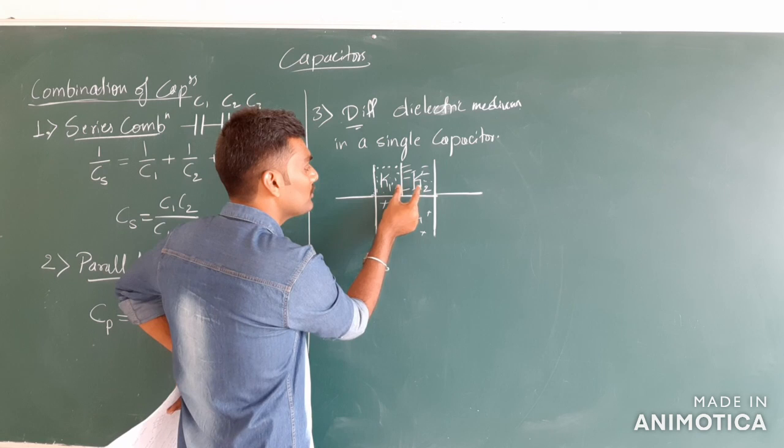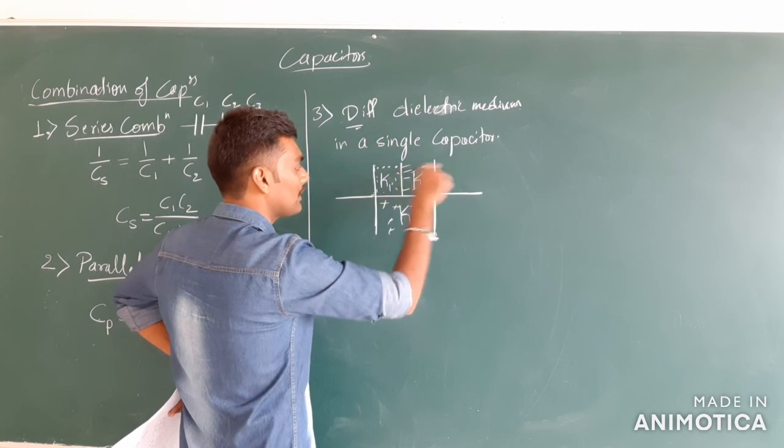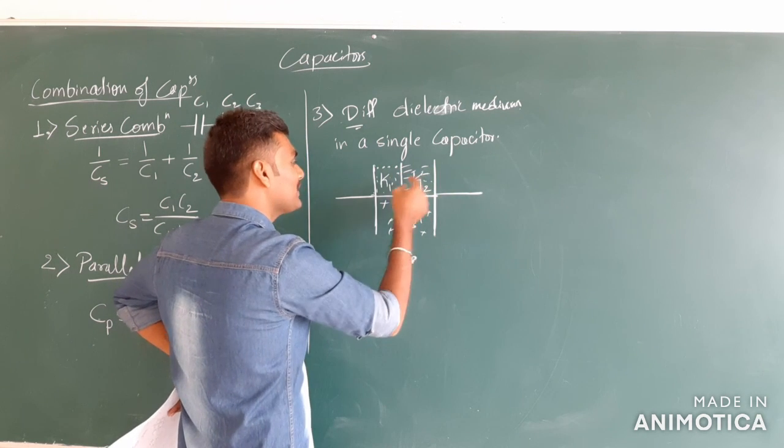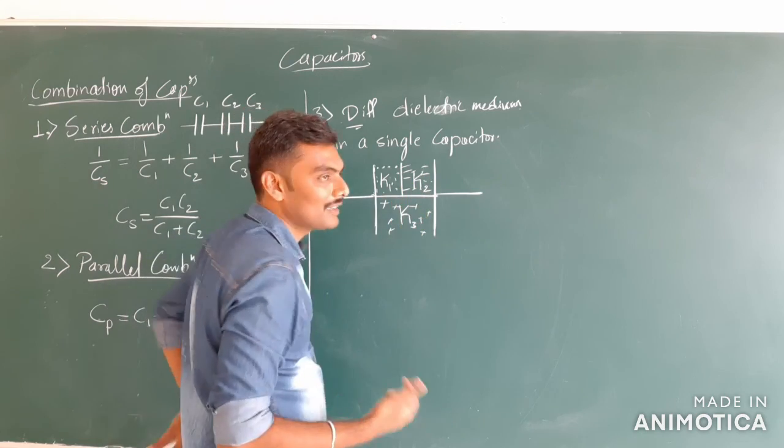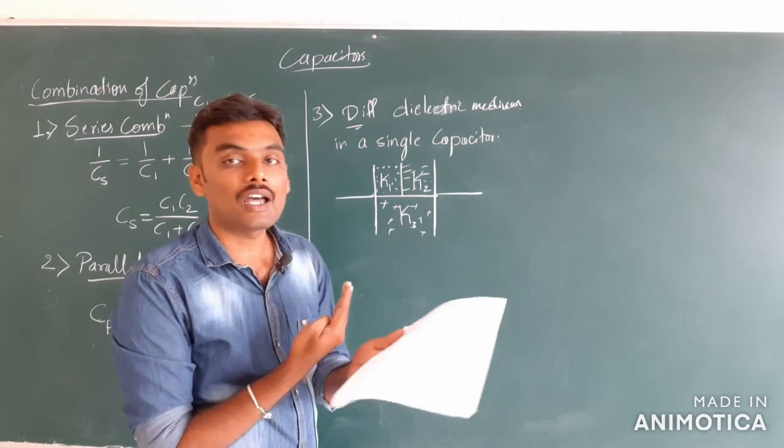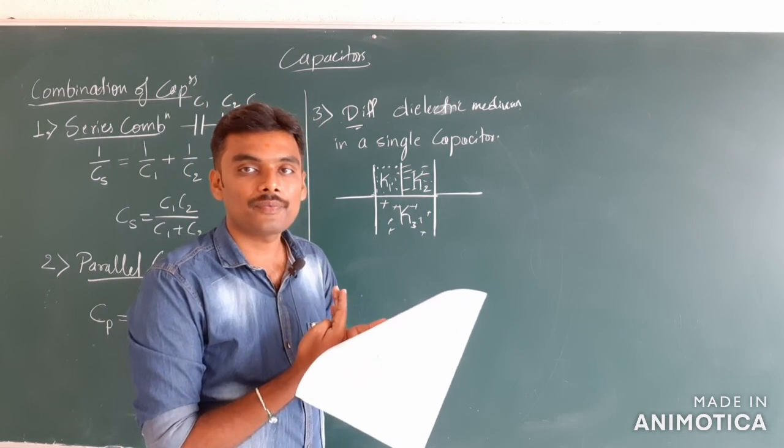K1 and K2 are in series, right? See, what is there between K1 and K2? It's nothing. K1 and K2 are in physical contact.